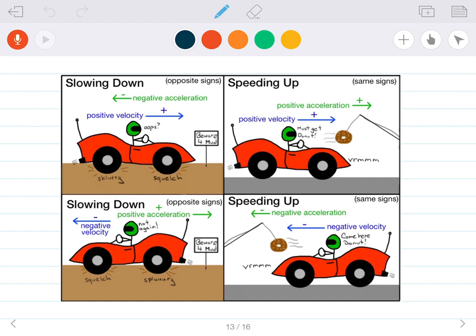If you have negative acceleration and positive velocity, or negative velocity and positive acceleration, that means you're slowing down. If you're speeding up, your signs are the same. So positive acceleration and positive velocity, or negative acceleration and negative velocity. Remember, the negative doesn't mean anything about how fast you're going. It just tells us the direction that we're going in.